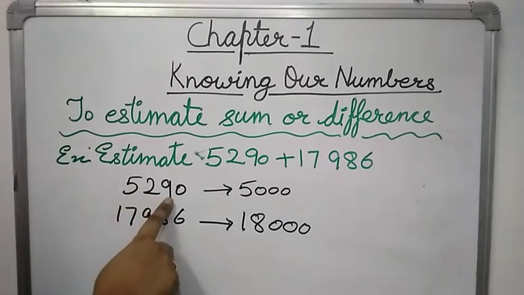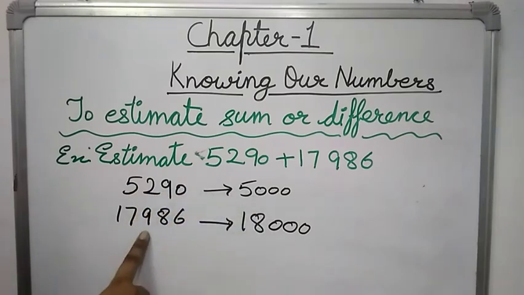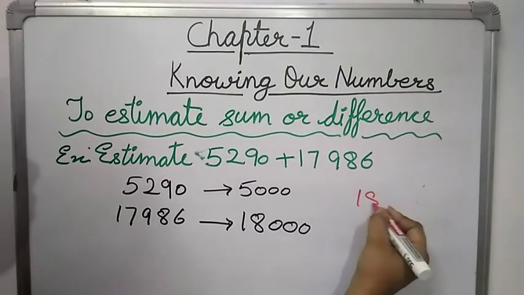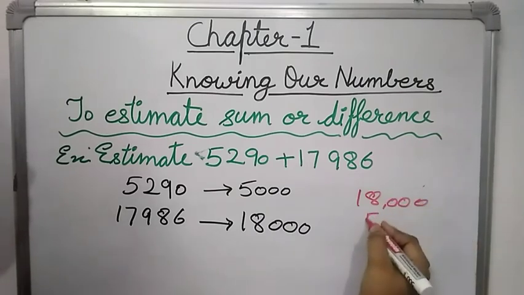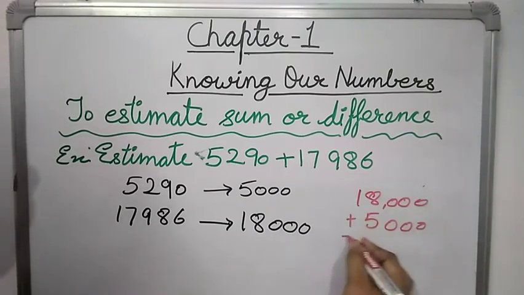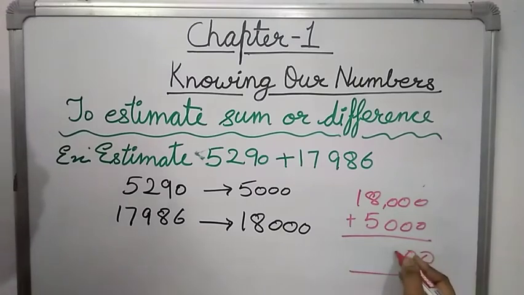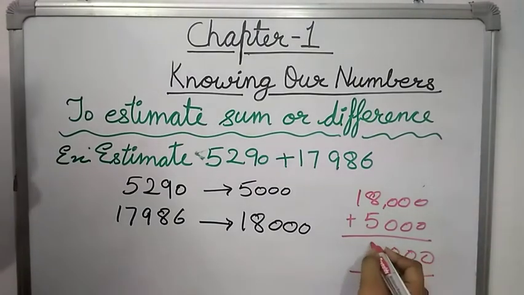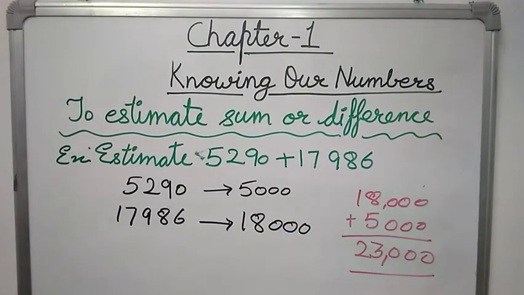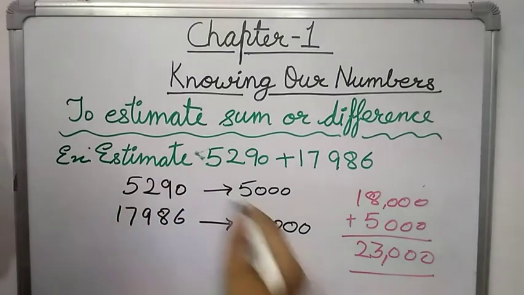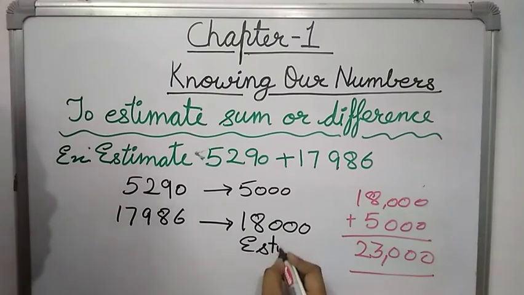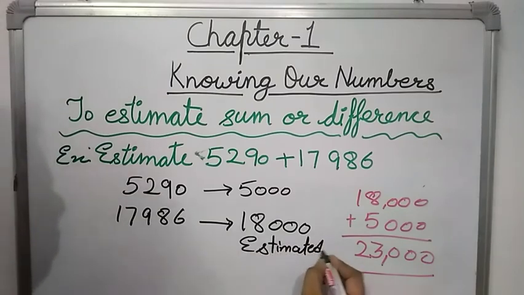So 5,290 is estimated to 5,000 and 17,986 is estimated to 18,000. Now we will add 18,000 and 5,000. When we add this, the answer or sum is the estimated sum.